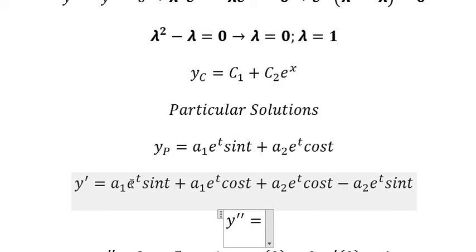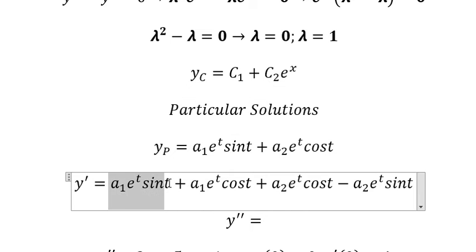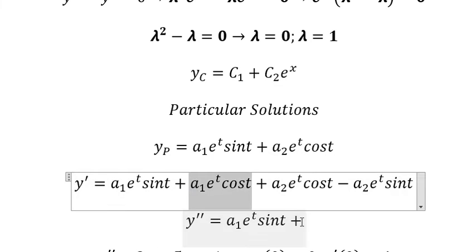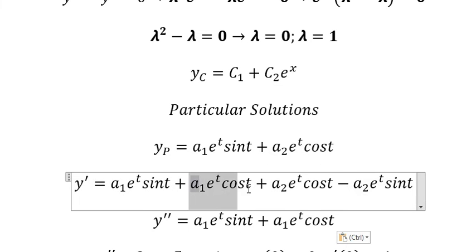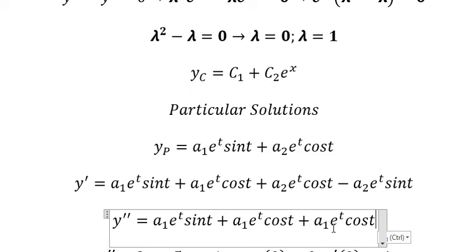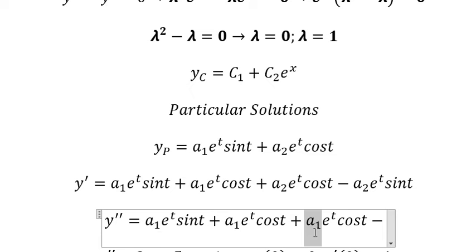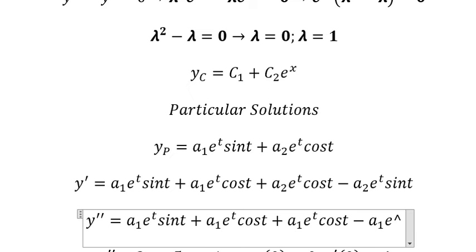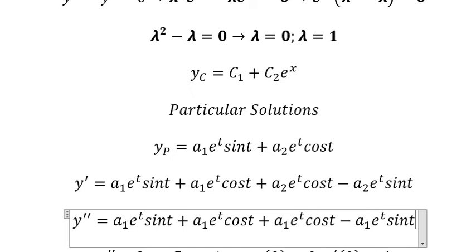Now we need to find second derivative. So we do first derivative of this one. And we same this one in here. Now we do first derivative of this one, so we keep the same this one e to the power of t. Later that we need to negative a1 e to the power of t sine t.